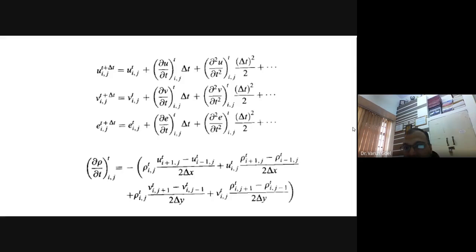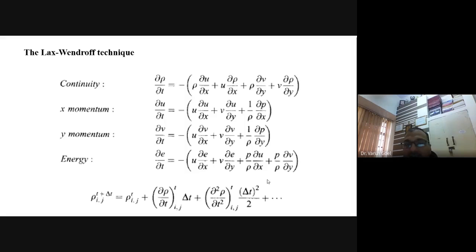So if we see first of all the density, del rho by del t at i j t. Now we have to estimate the value of del rho by del t at i j t. And how do I calculate this value?